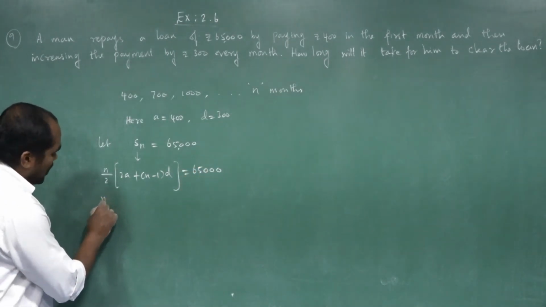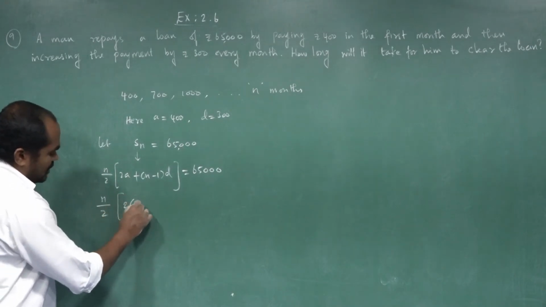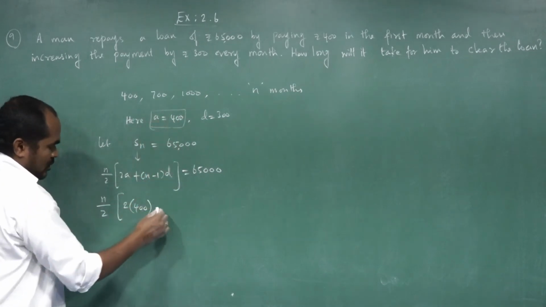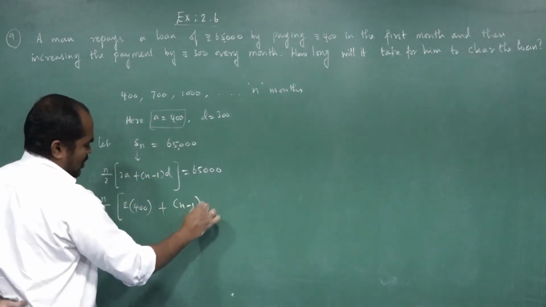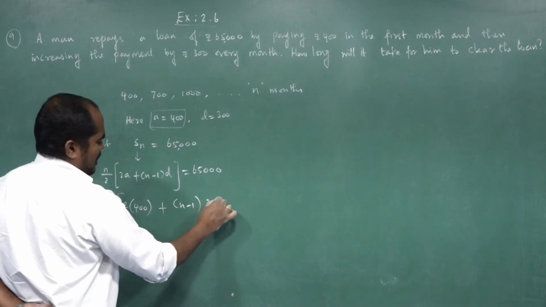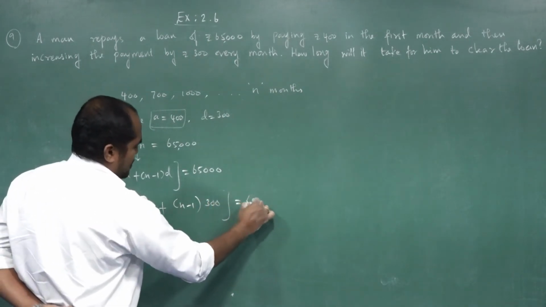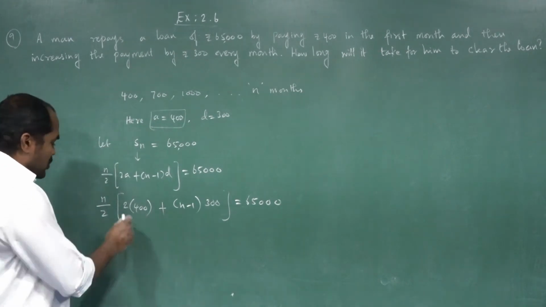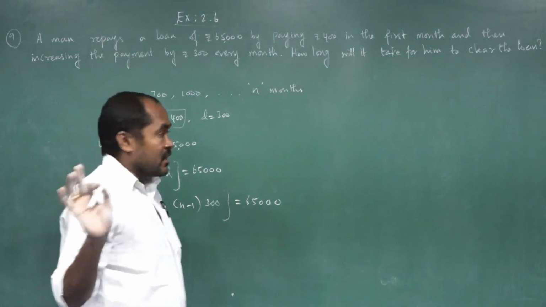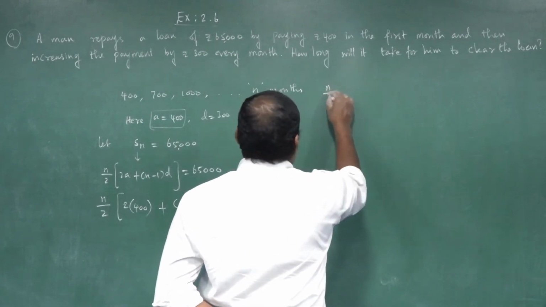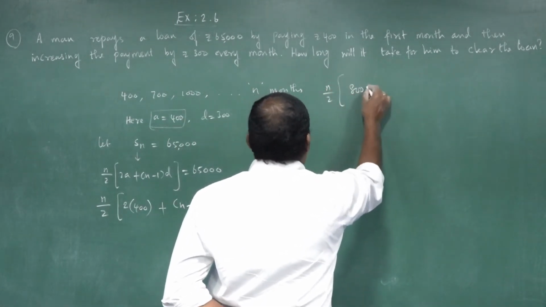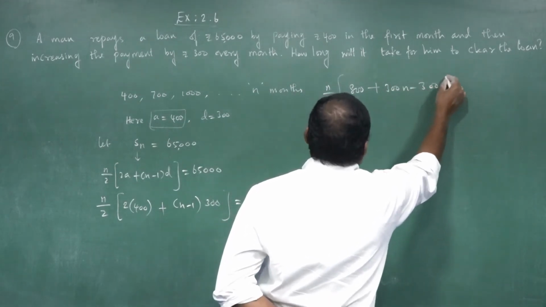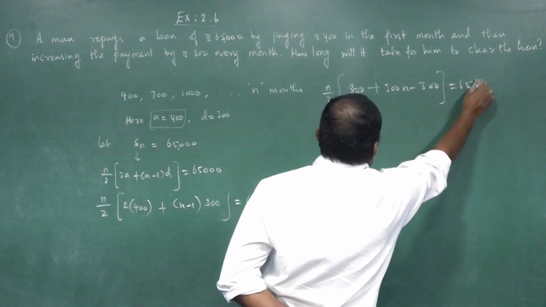So n by 2 of 2 into 400, because a value is 400, plus n minus 1 into 300 equal to 65,000. So 2 into 400 is 800. So n by 2 of 800 plus 300n minus 300 is equal to 65,000.